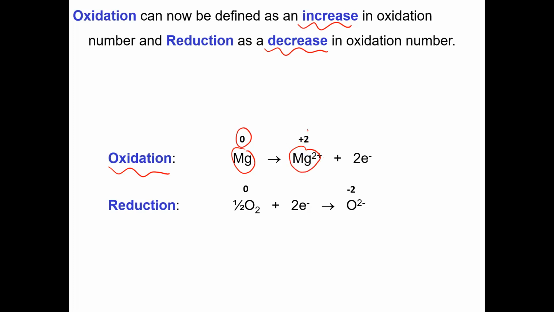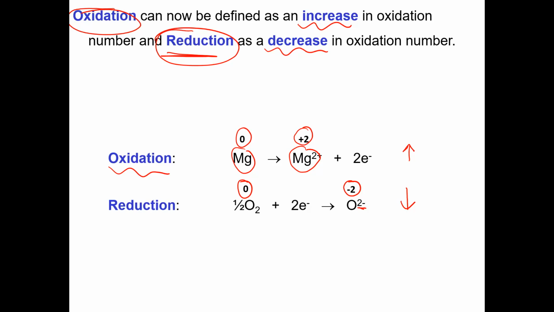Magnesium as a monatomic ion has an oxidation number of +2. You can see that the oxidation number increased, so therefore we would say the magnesium underwent oxidation. Similarly for the oxygen, elemental oxygen has an oxidation number of 0. As a monatomic ion, the oxidation number is just equal to the charge. In this case, the oxidation number went down from 0 to -2, and a decrease in oxidation number is what we're going to define as being reduction.